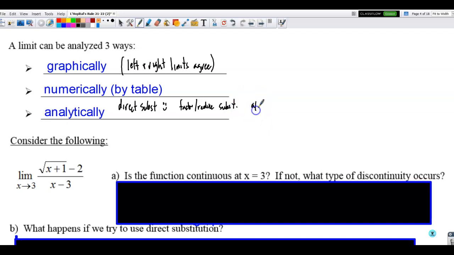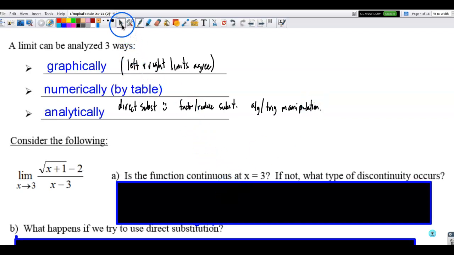We did things like algebraic and trig manipulation, where we would rewrite the expression. Again, in most of these cases, we were trying to remove a discontinuity so that we could actually use direct substitution. Again, things we did early in the beginning of the year.